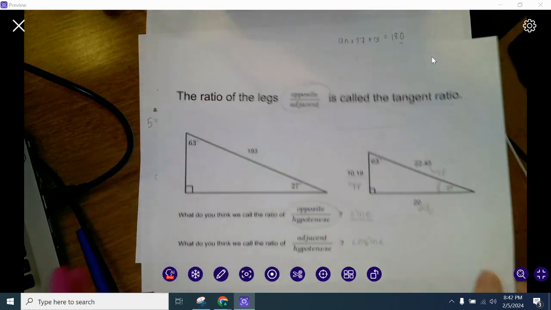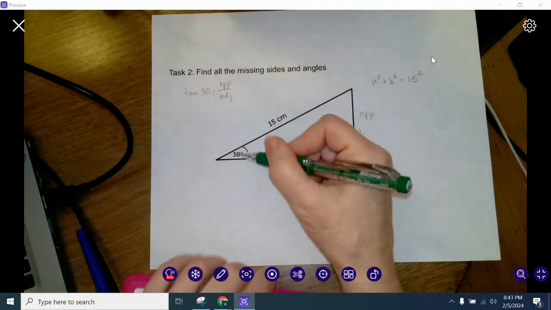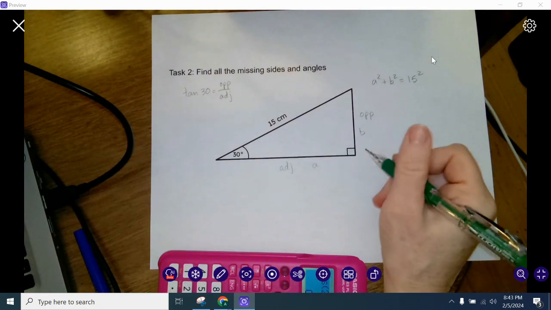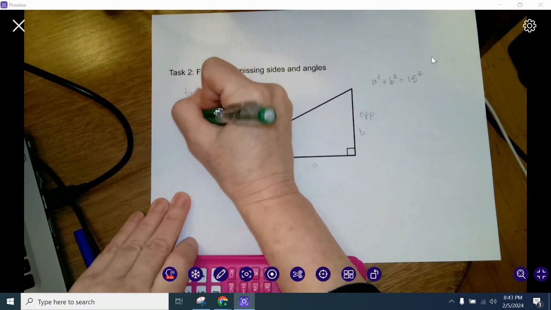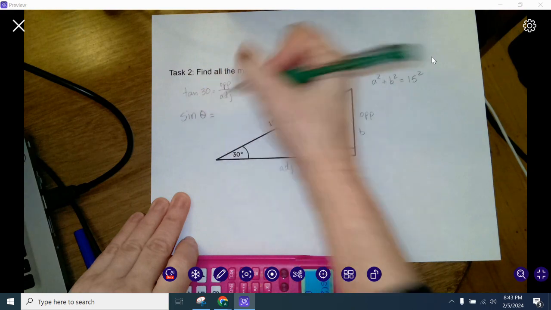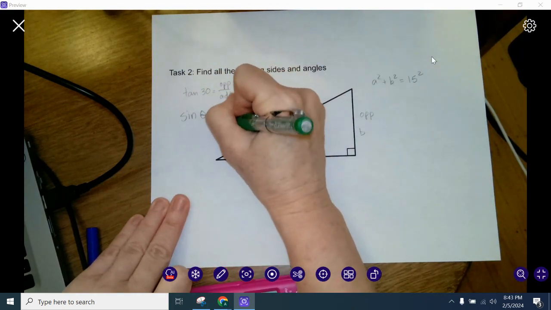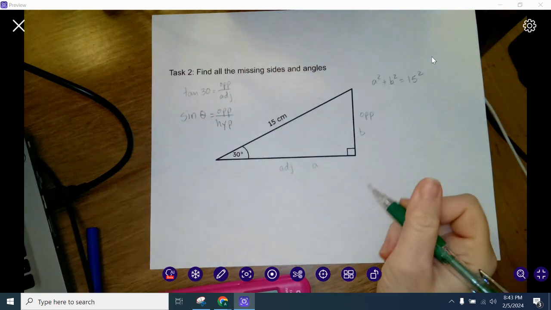So let's go back to this problem right here, where we have our 30-degree angle. And let's go ahead and use the sine ratio. So the sine of any angle, given a right triangle, is equal to the opposite side over the hypotenuse. This is our new ratio.